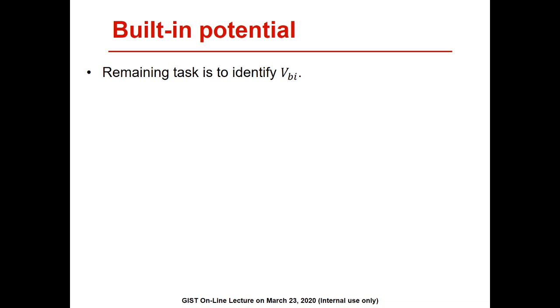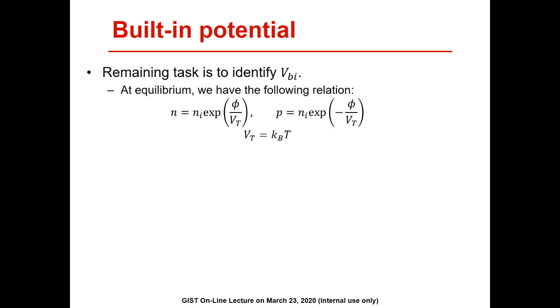What is phi minus infinity? What is phi infinity? How are they determined? We will use the following relations between the electrostatic potential and the carrier densities. These relations are valid only at equilibrium. The thermal voltage V_T is about 25.85 millivolt at 300 Kelvin.